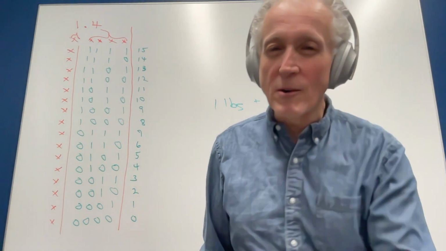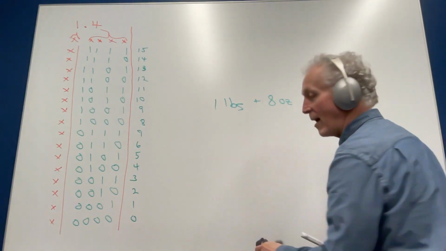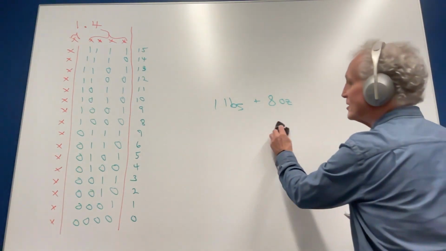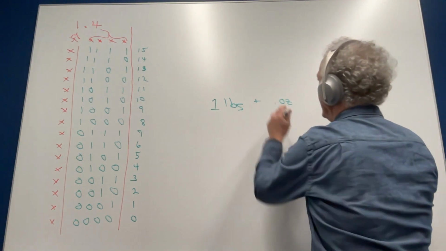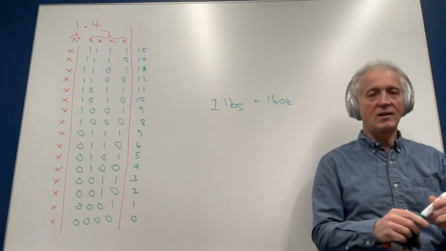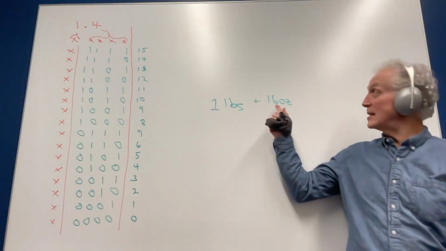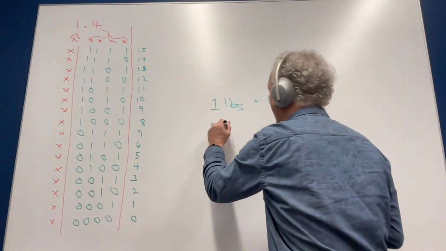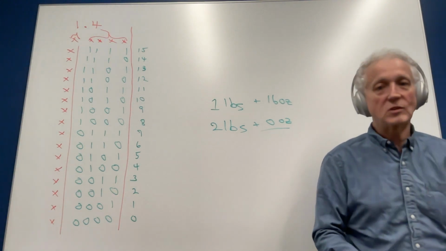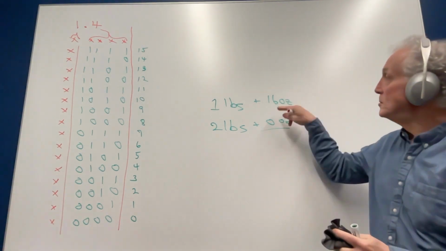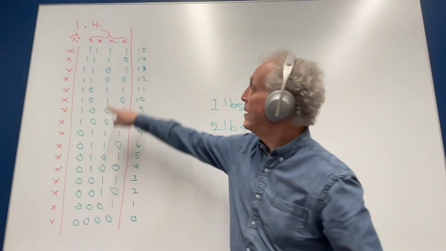And the other interesting concept to see about this, you're never, well, I don't want to say never. You shouldn't say, well, it's 1 pound and 16 ounces. I mean, it's not like you're totally wrong, but you're going to say it's 2 pounds and 0 ounces, aren't you? Because there's 16 ounces in a pound. So you're going to go from 0 to 15.